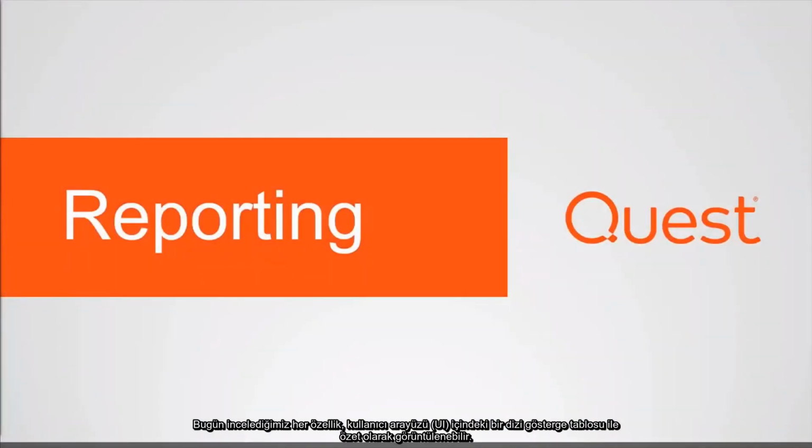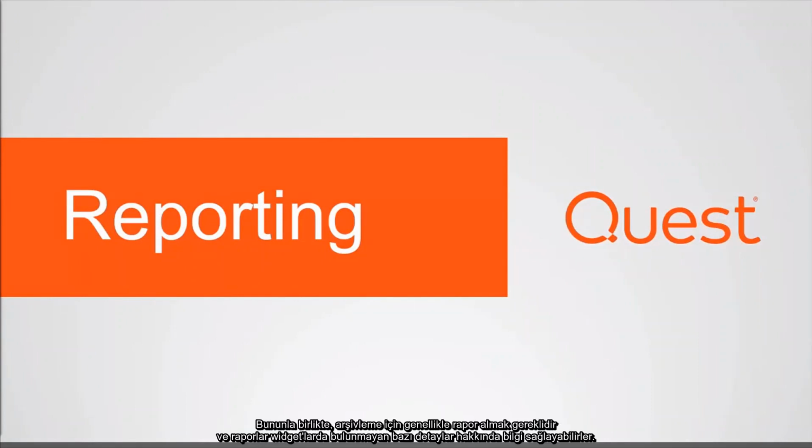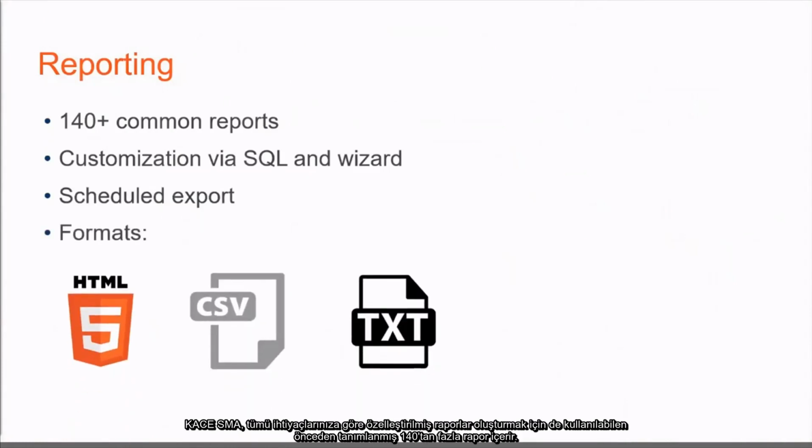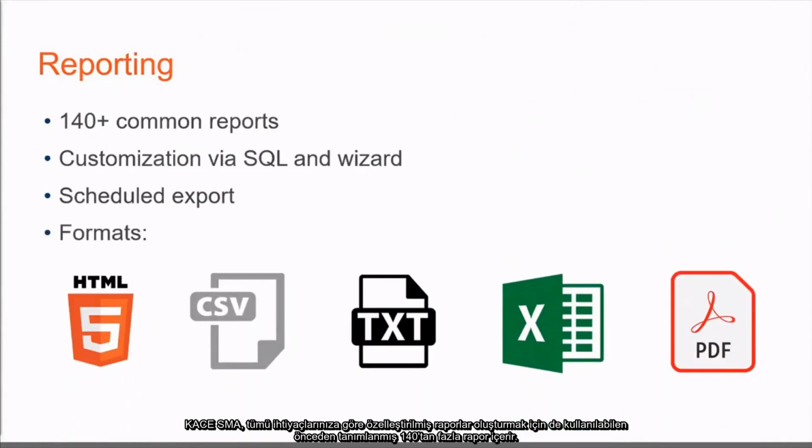Every feature we've taken a look at today can be summarized in a series of dashboards within the UI. However, reports are often required for archival purposes and can provide better insight to granular details, which are unavailable within the widgets. The Kace SMA contains 140 predefined reports, which can all be used to create new, customized reports based on your needs.